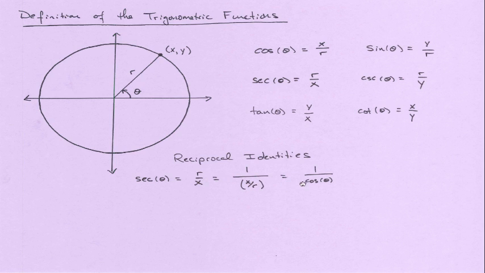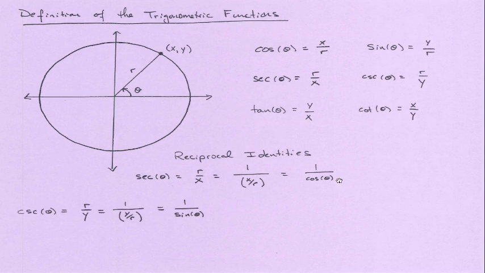But x over r is cosine of theta. And so we have our first reciprocal identity that the secant of theta is equal to 1 over the cosine of theta. We can do the same thing for the cosecant as r over y. We take the reciprocal, so that's 1 divided by y over r. Y over r becomes sine of theta, and so we have cosecant of theta is equal to 1 over sine.